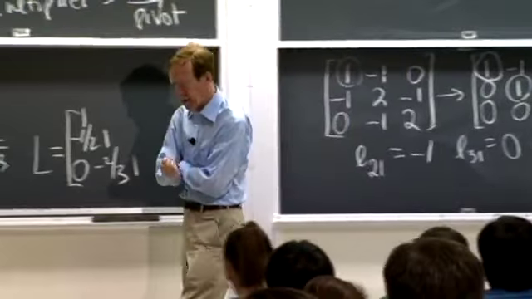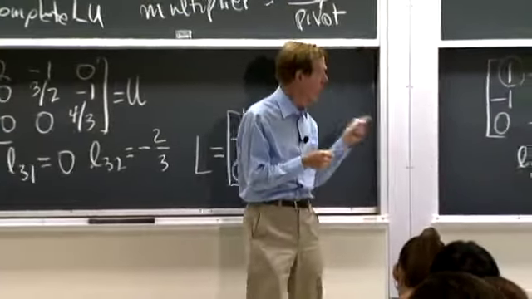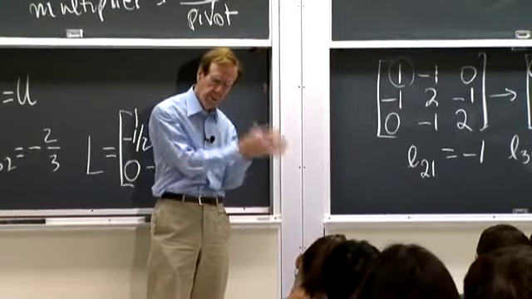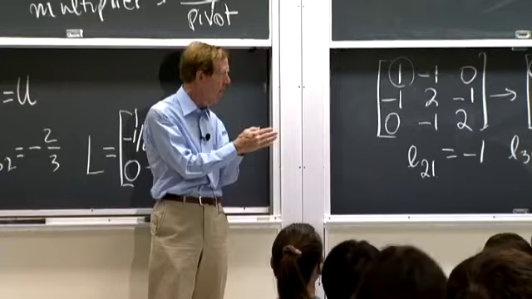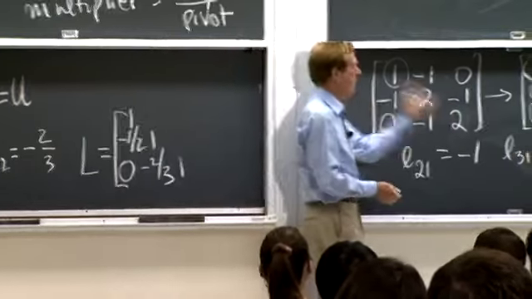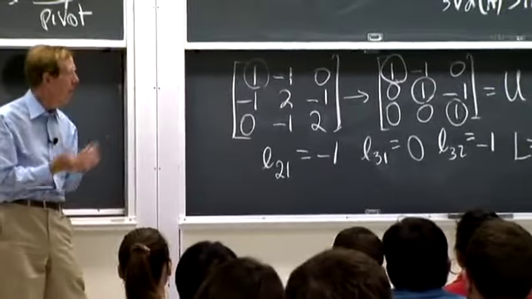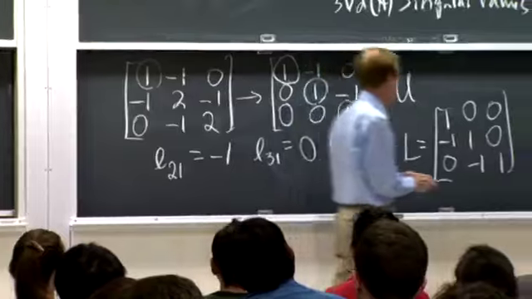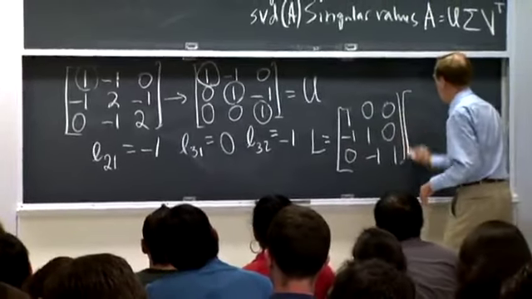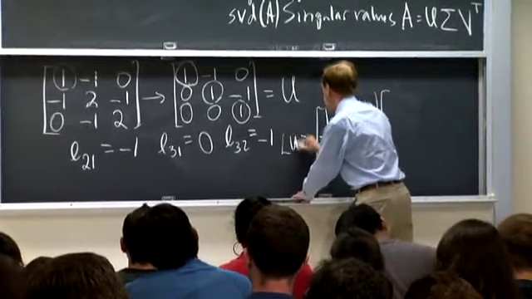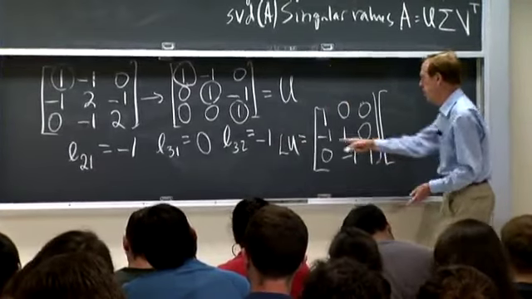The magic is that if I multiply the multiplier matrix L times the result U, I'll bring back A. So let me just see. If I multiply L by U, maybe you can see that I get A.